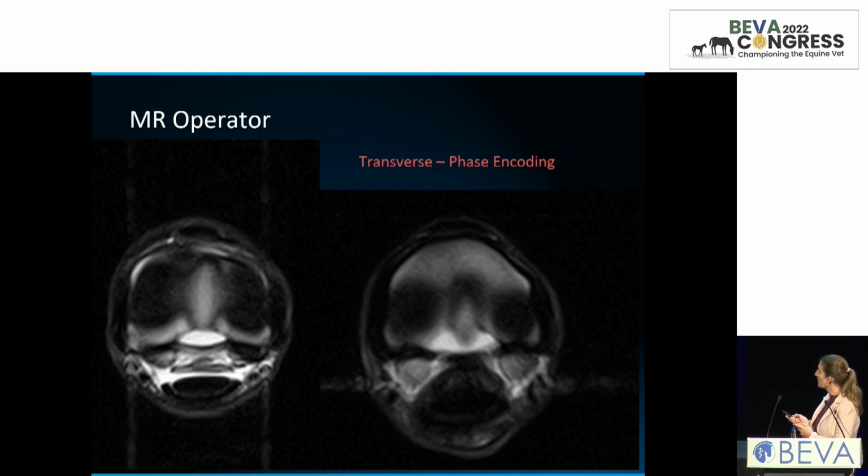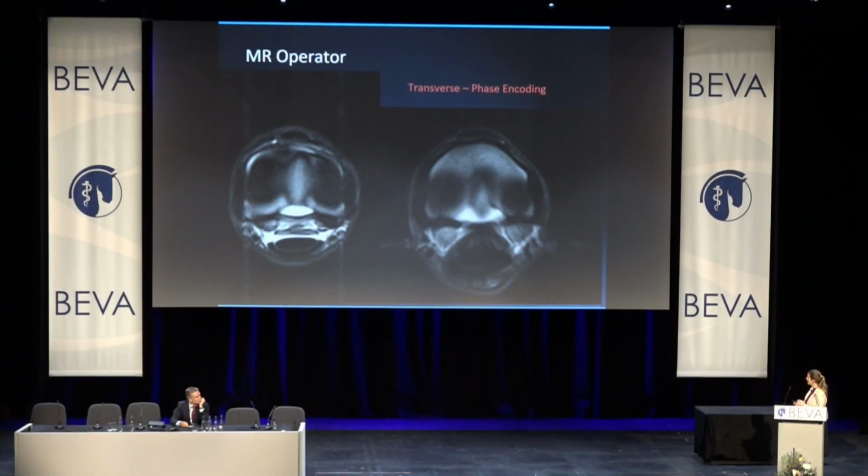Sorry, struggling here with my pointer. Doesn't matter, you see how the phase encoding is going transverse on the image on the right. There we go. And therefore, we have an uninterrupted field of view of the collateral ligaments.